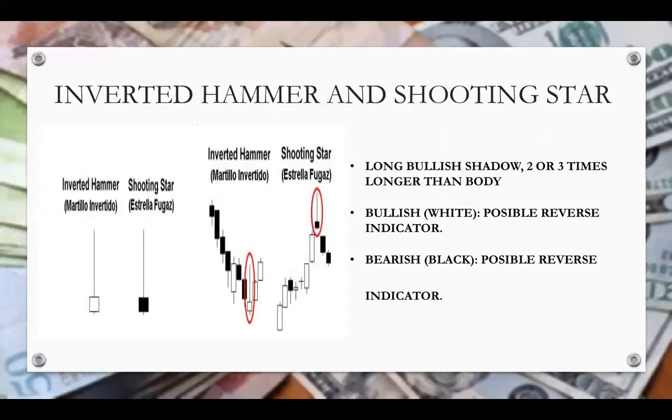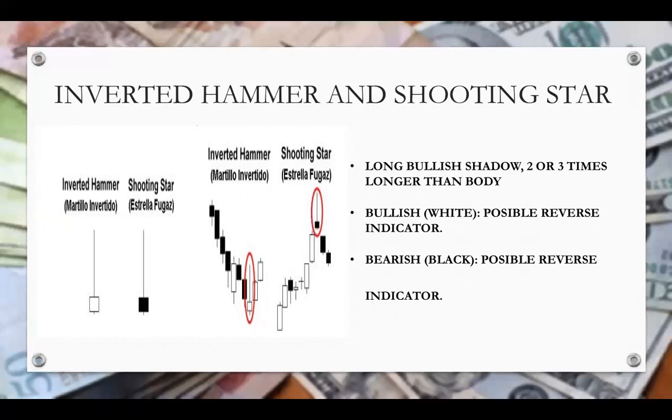So the inverted hammer and shooting star, this kind of candlestick also helps you. They look just the opposite of a hammer. You can see that it's an inverted hammer. Exactly, just the opposite, inverted.